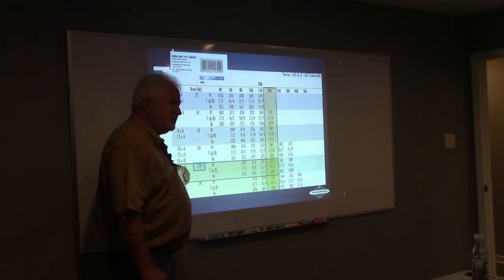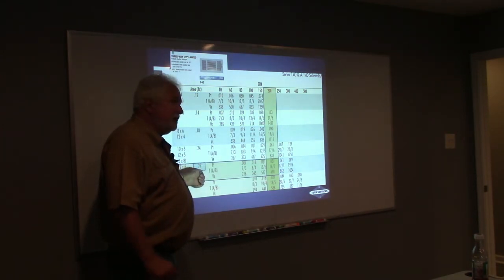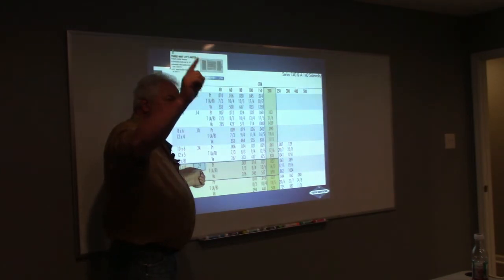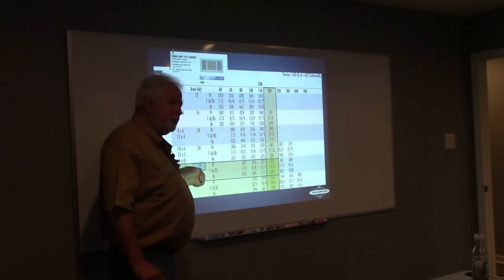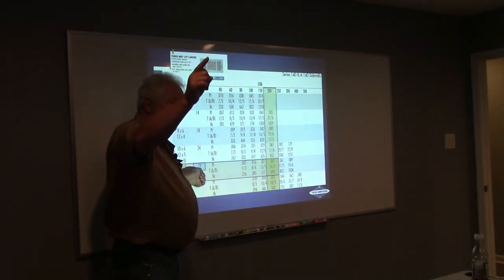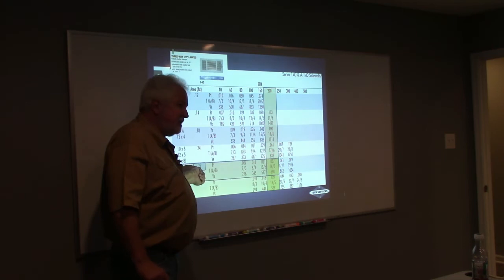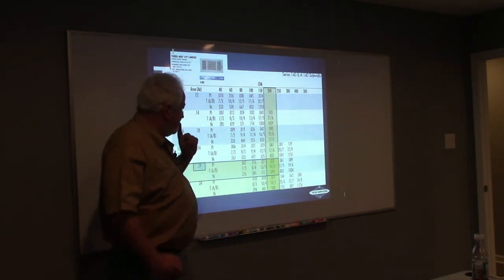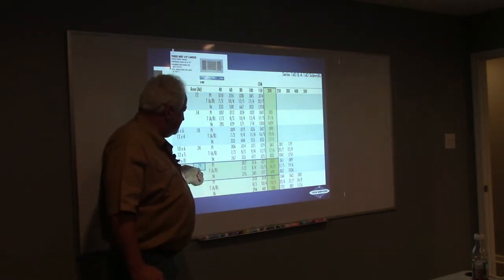Because 12 by 6 is half a square foot. If I use all of it, that would be 0.5, but I'm getting 0.29 on the free area on that grill. So that's telling me how much free area I have on that grill. We're going to use this 0.29.